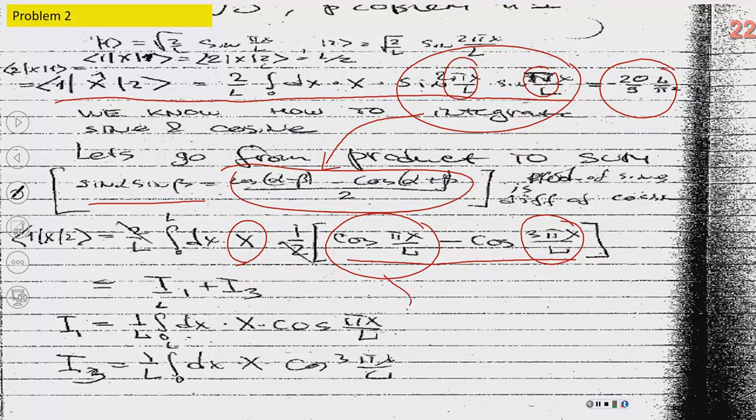And then one can consider it as two integrals. One of x times cosine, and another of x times cosine.